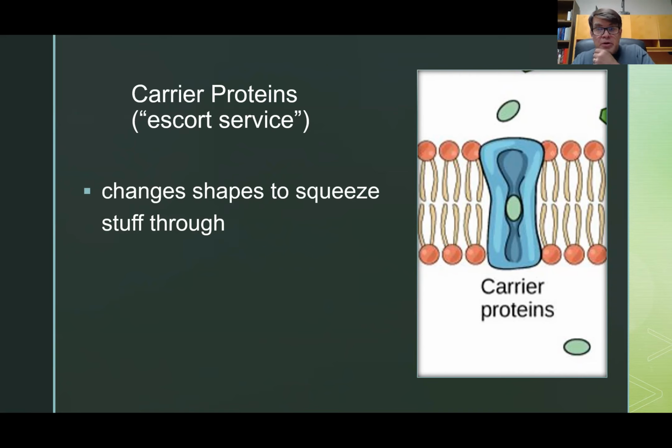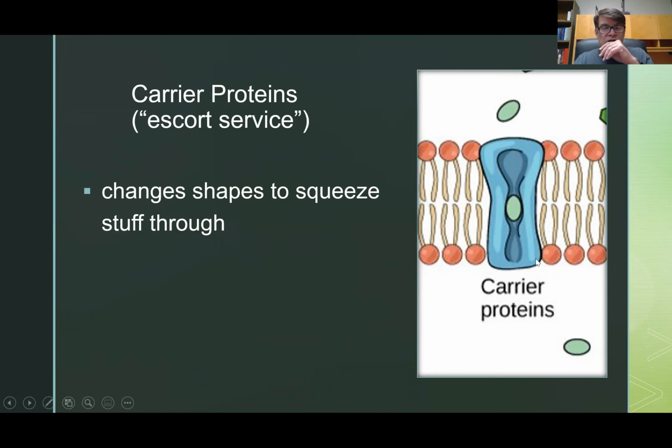They are carrier proteins. There are all kinds of really bad metaphors I could use here that I'm not going to. I've had at least two completely inappropriate metaphors come to my head. Whatever you use to remember these, God will forgive you, because it's for a biology test, right?